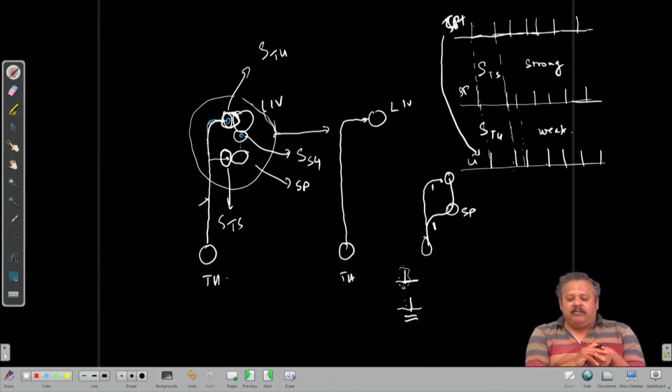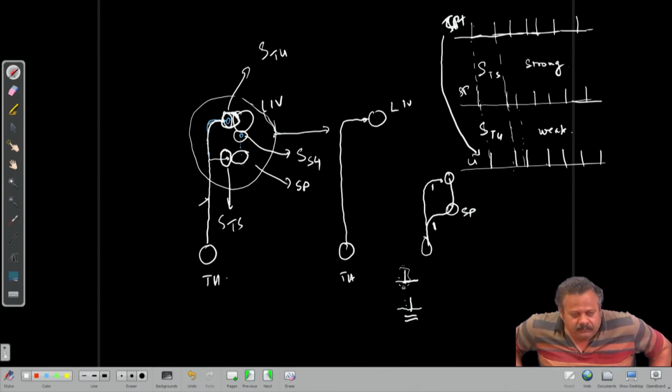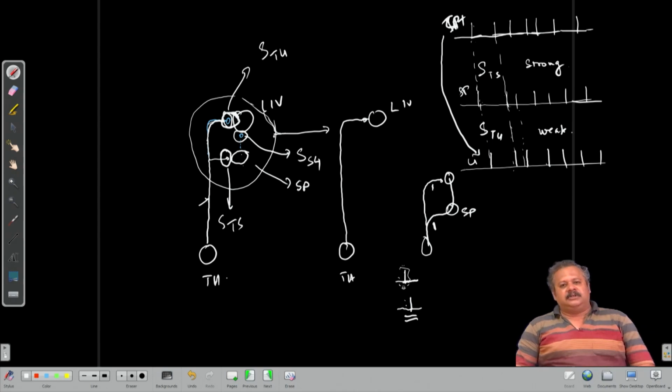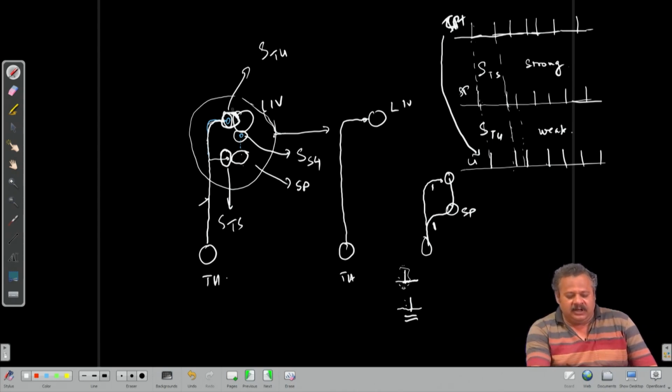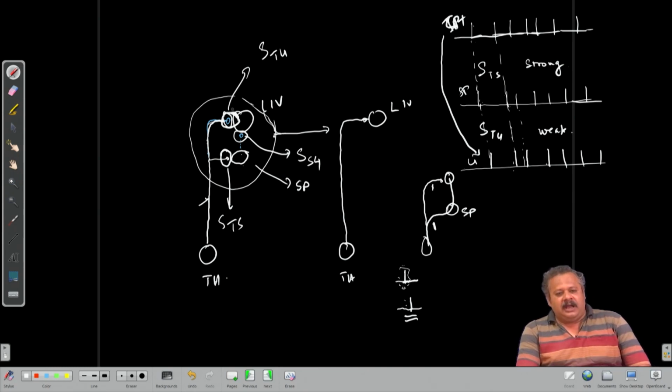Because of this correlated activity, you get strengthening of the ST4 synapse, and as it strengthens and strengthens, layer 4 is gradually being driven directly by the thalamic input.